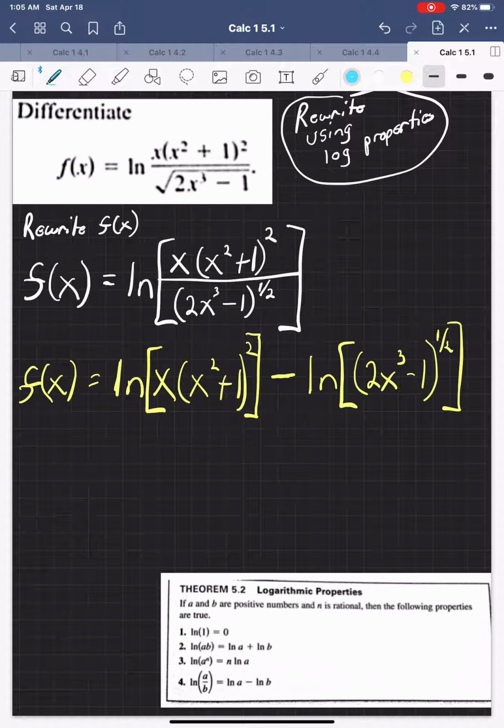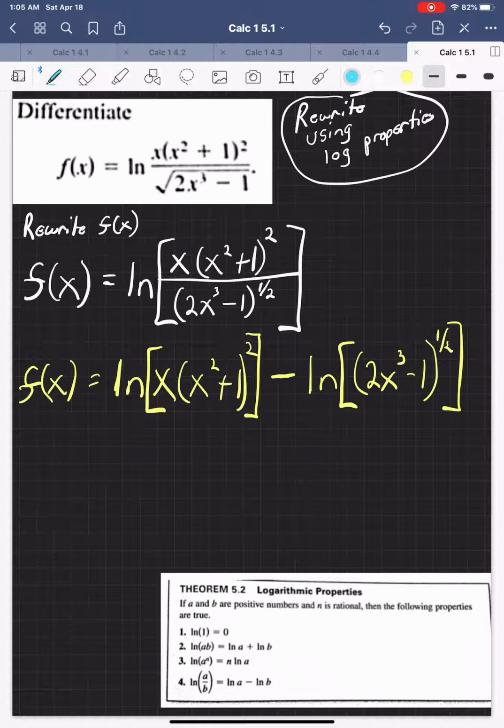So the next thing I'm going to notice is that I have a product here, and I want to use my product rule, ln of A plus ln of B. So let's do that now.